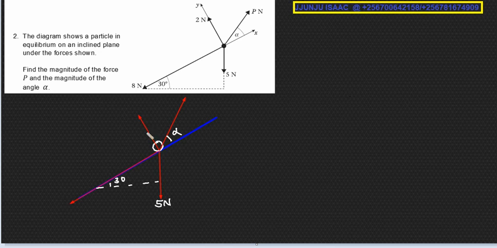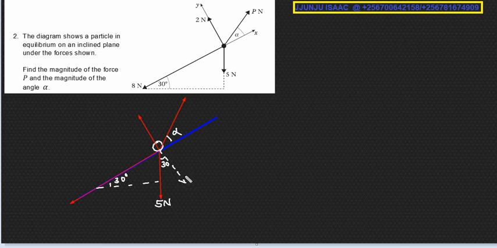So along the perpendicular to the plane and along the plane, let us see the 5 Newton first. This angle here is going to be 30. The reason is that this angle here will be 60, but remember this is a perpendicular.